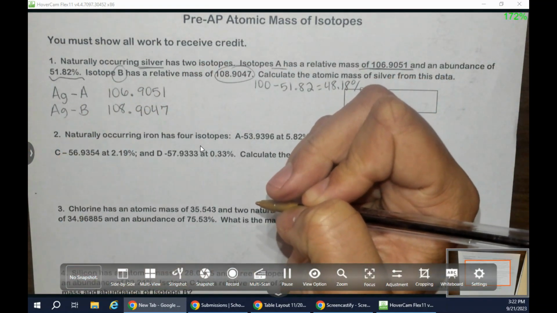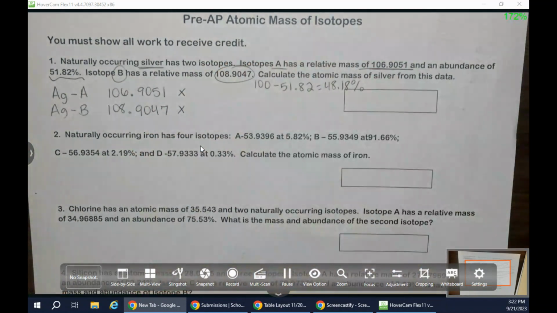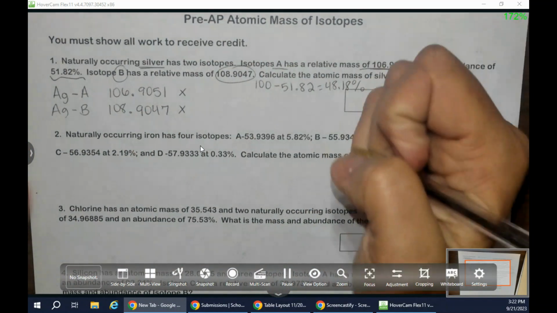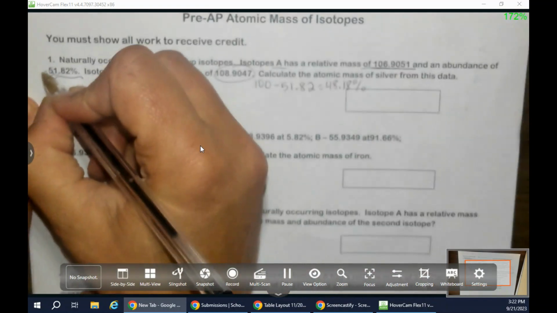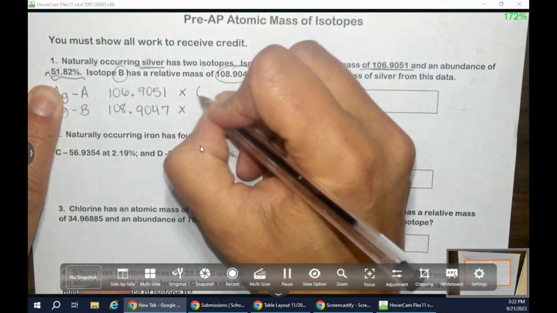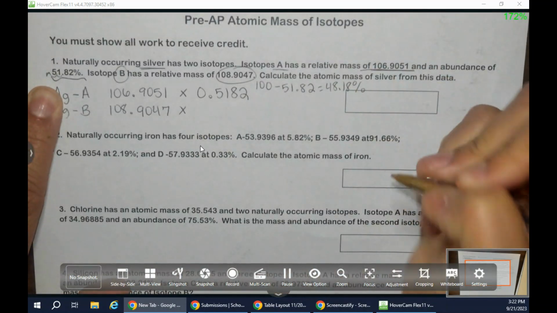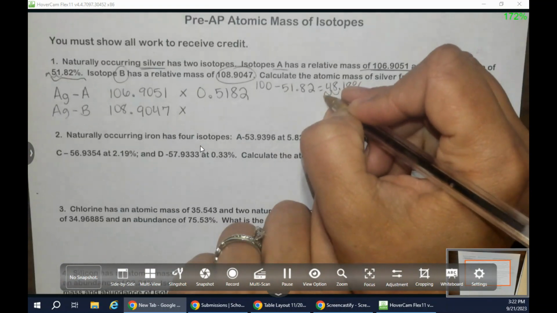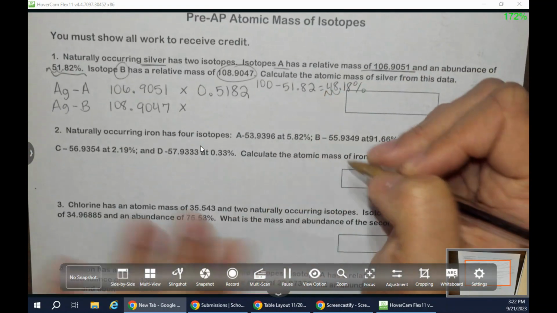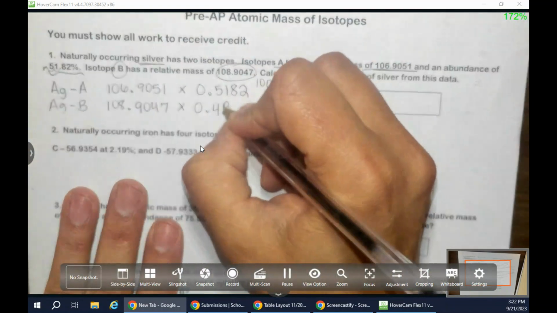There they are. I'm going to multiply them by my percent abundances, but for the percent abundances, we had to take that decimal and move it 2 to the left. So for this one, 2 to the left gives me 0.5182. For isotope B, we have this 48.18. We're going to move it 2 to the left, or divide it by 100: 0.4818.